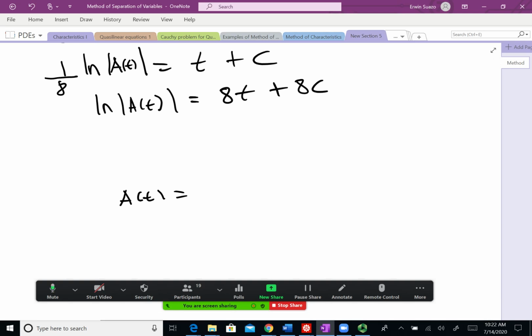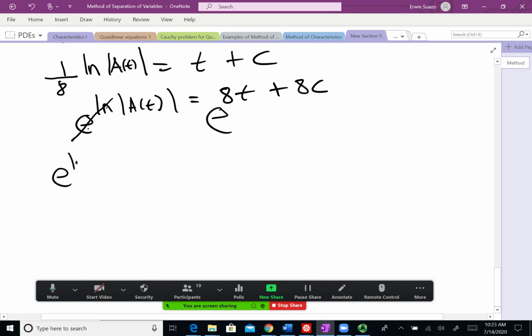And now, what can I do? No, you don't say multiply. You take the exponential on both sides because it's a function, right? So you take the exponential on both sides, and then what? Exactly. So this exponential and the ln cancel each other. That's a property that you saw in calculus.